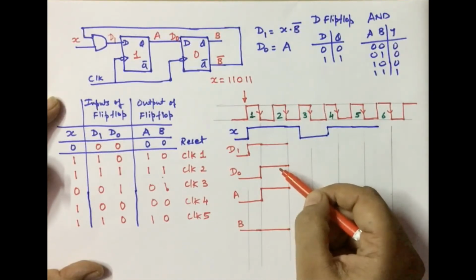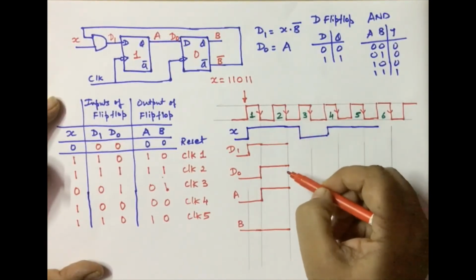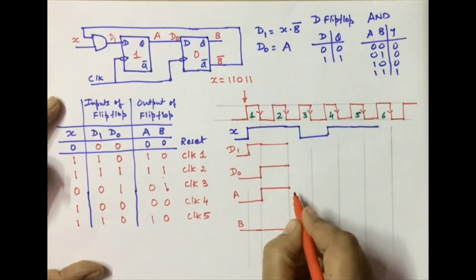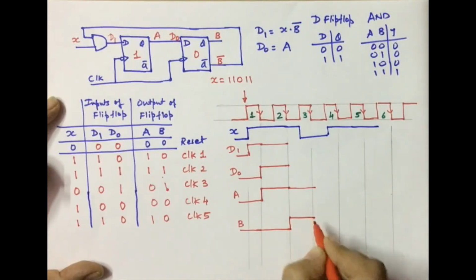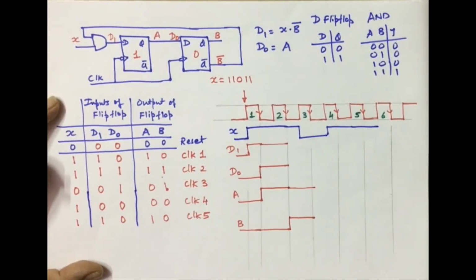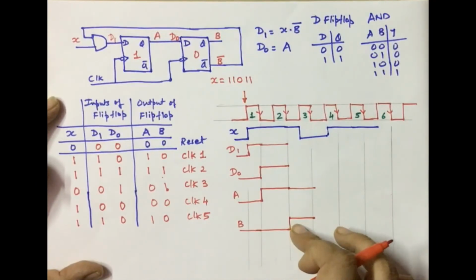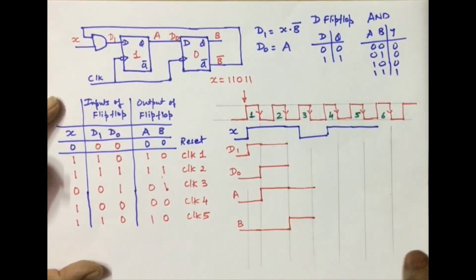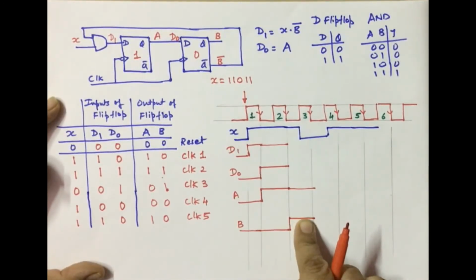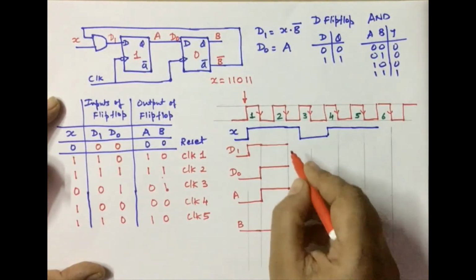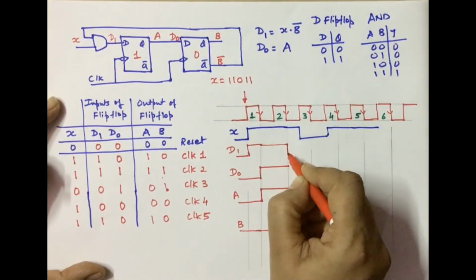So now whenever the second clock is applied, due to this 1 1, A will remain 1 and B will also become 1. And A and B will retain their state till the third edge of the clock. B became 1, so that will make B bar 0, and irrespective of X, D1 will become 0.